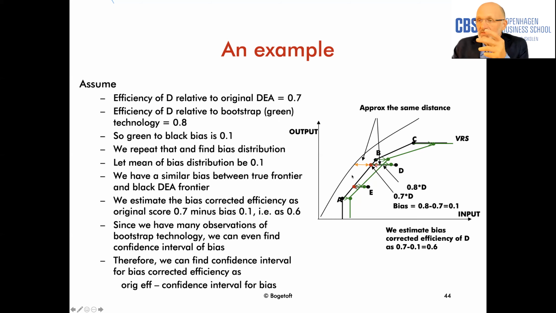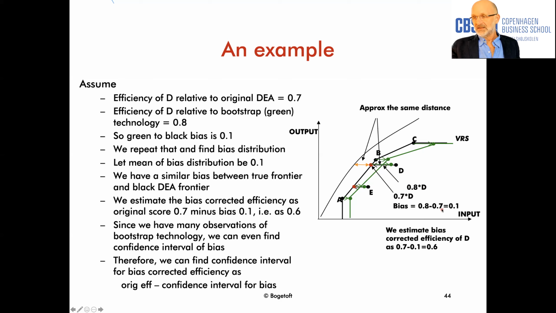Now I do this bootstrap procedure of picking inefficiencies and creating a new technology. So now I get the green technology, and I assume that compared to that green technology, my efficiency is 0.8. That means that in this particular instance, with this specific bootstrap sample, I have estimated a bias of 0.8 minus 0.7.